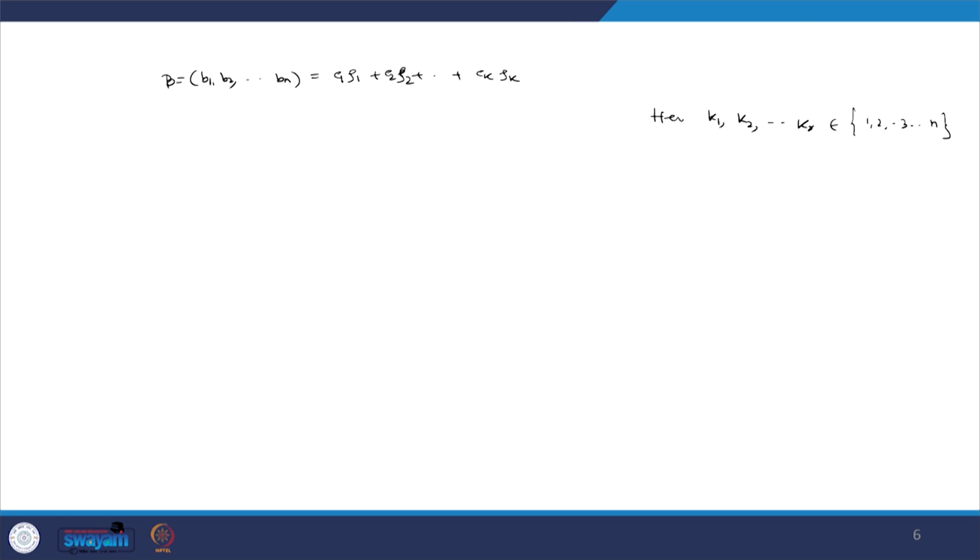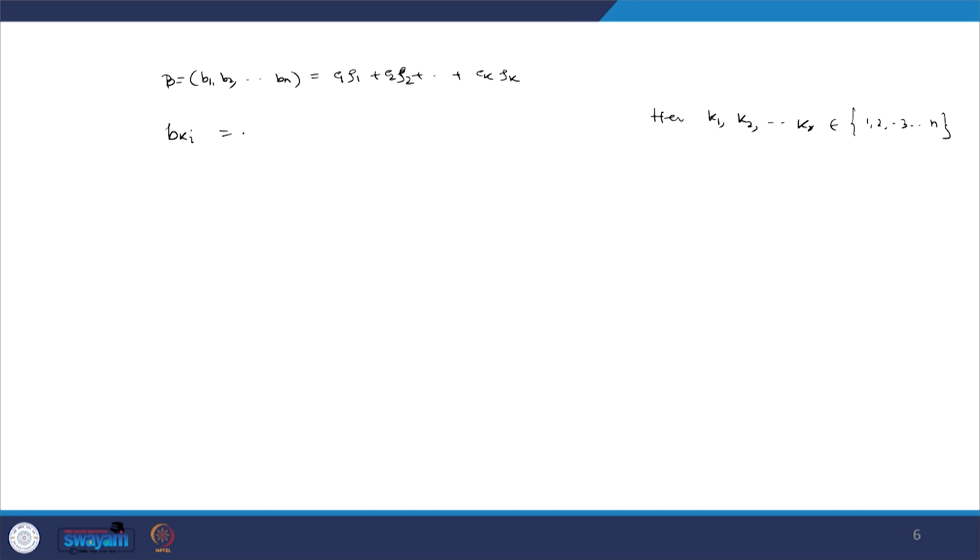Like as we have seen in previous examples, k1 equal to 1, k2 equal to 2, k3 equal to 4. So it is again in the domain of 1, 2, 3, 4 and 5, where n equal to 5. Now, if I see b_ki, the k_i-th entry of my beta, that is equal to what?